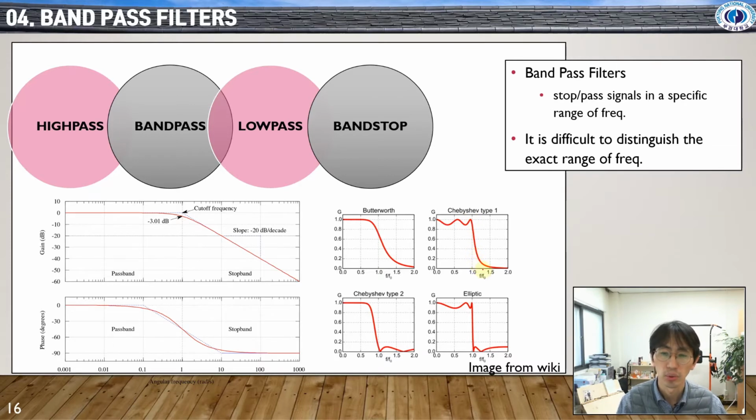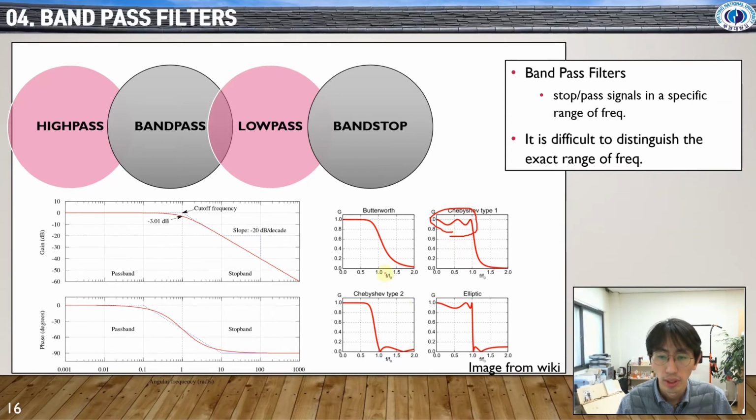This is called the Chebyshev filter, and it has a pretty sharp division between the pass band area and the stop band area. But there's a new problem here: the passed signal is distorted.